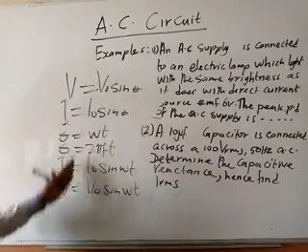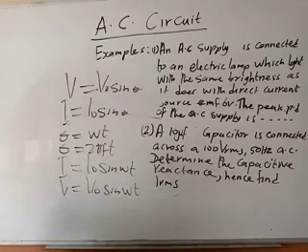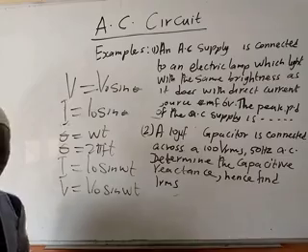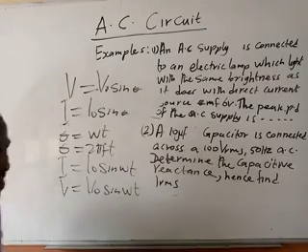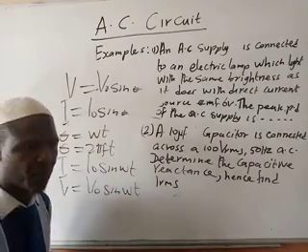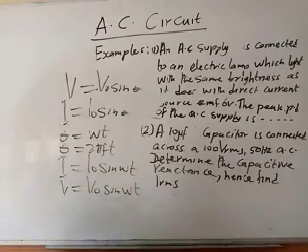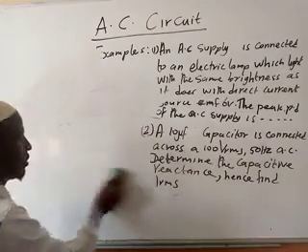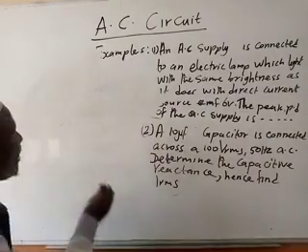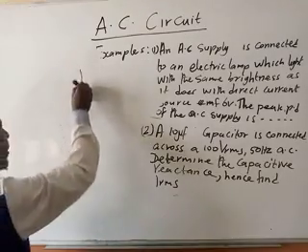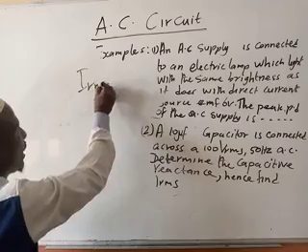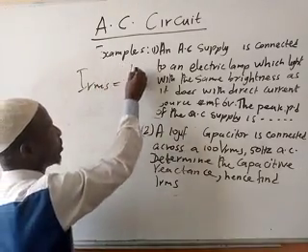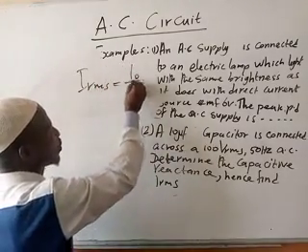Then we have the root mean square. See, from here, there's no root mean square. Root mean square of voltage or current, as I said, is the value that will produce the same amount of heat in the same conductor at the same time. Now, very simple. I root mean square is equal to I naught over square root of 2.